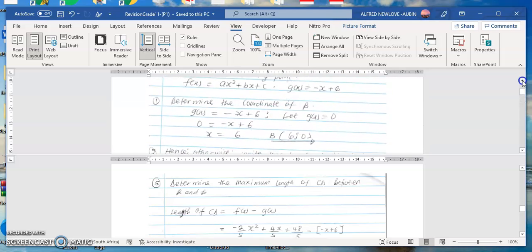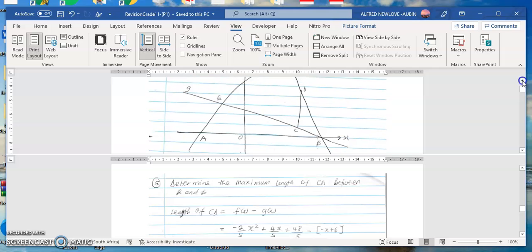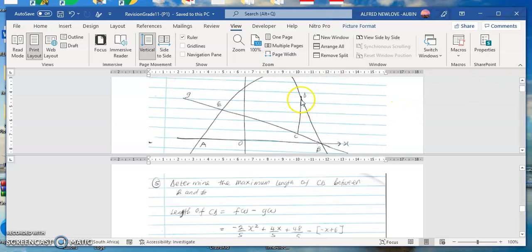Let's use the first diagram. They want the maximum length of what? CD, this one. So it's going to be F minus G. And our F, we found our F to be this one. And our G was also given to be minus x plus 6.